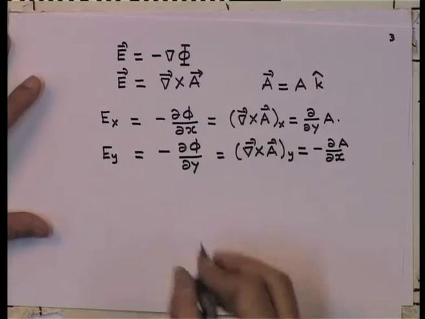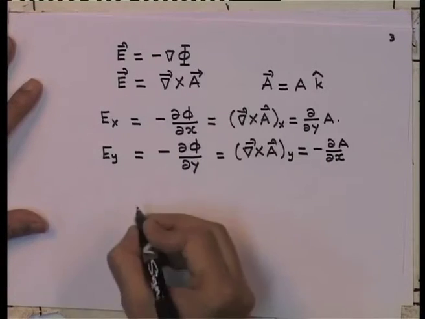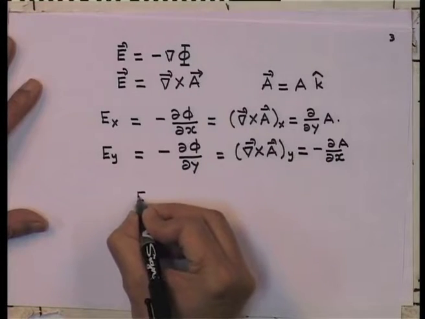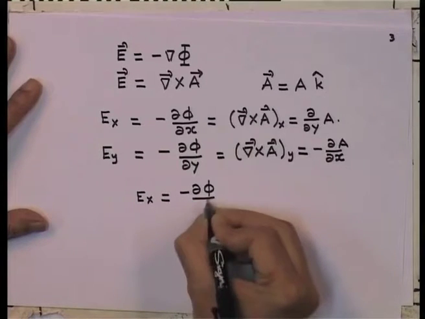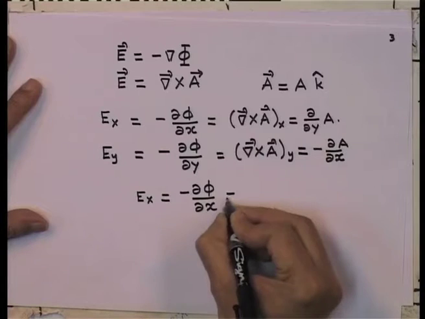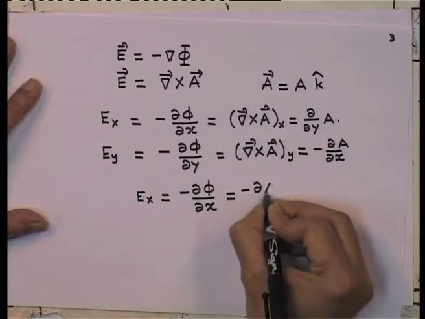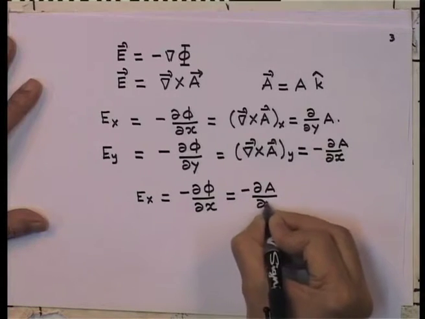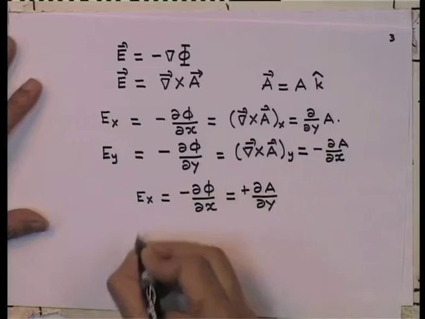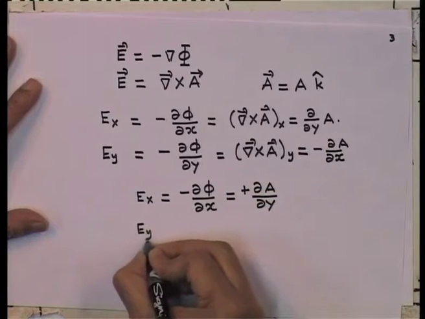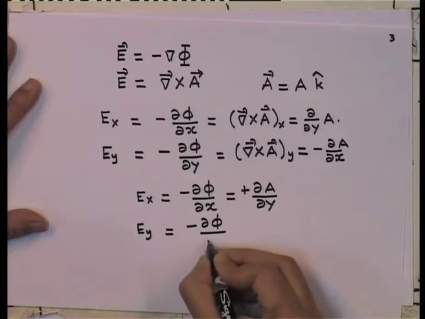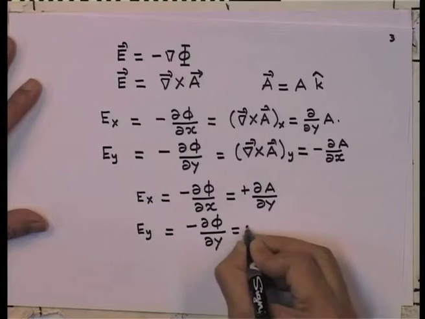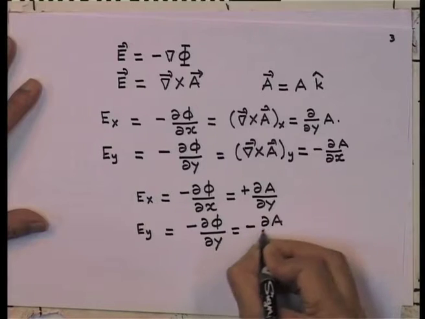So, you notice we have written the electric field in the x direction either as minus d phi by dx or as plus dA by dy, and the electric field in the y direction is minus d phi by dy, which is identical to minus dA by dx.